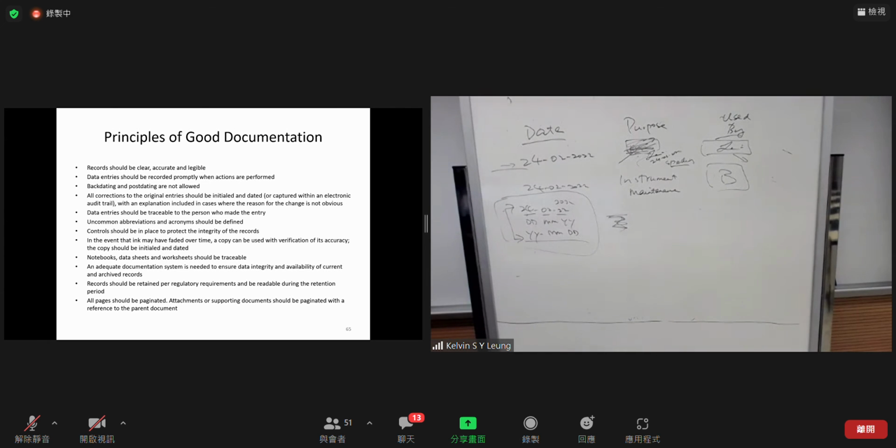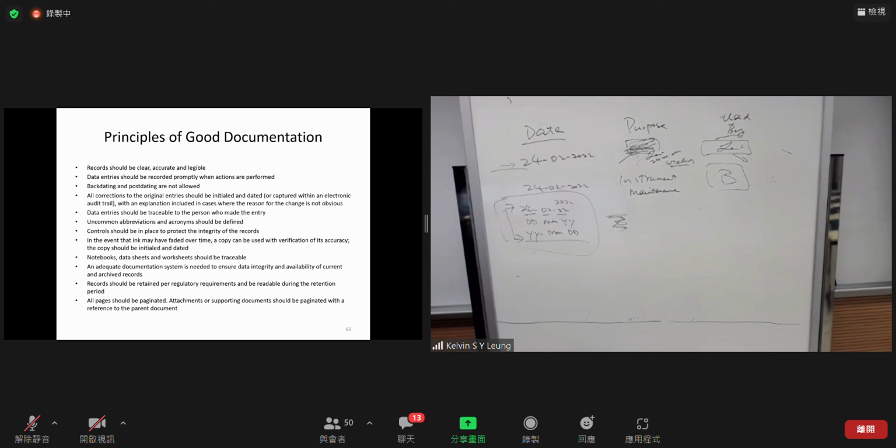And in some balances, they will have thermal papers to be printed out. If you need to keep it, because the ink may fade over time, it is suggested that you make a photocopy and affix it next to the original one.